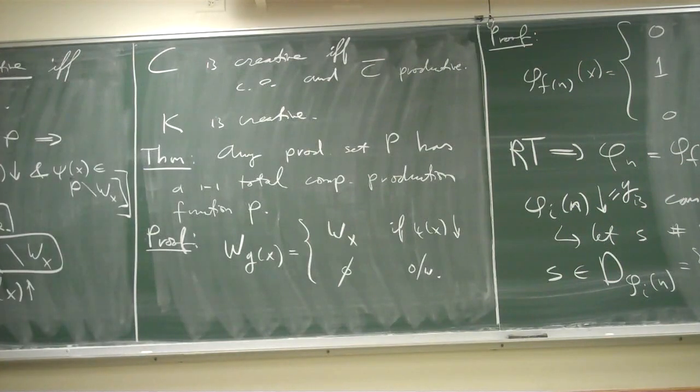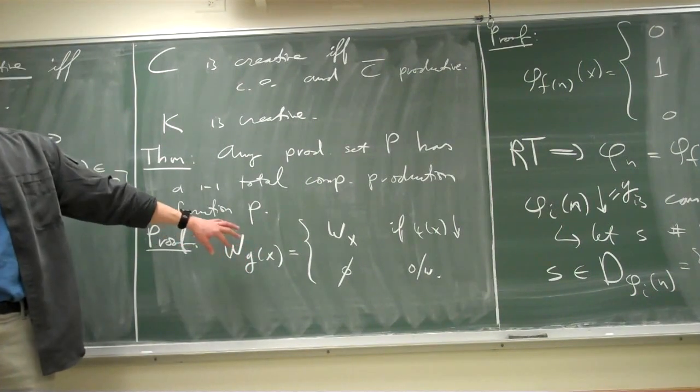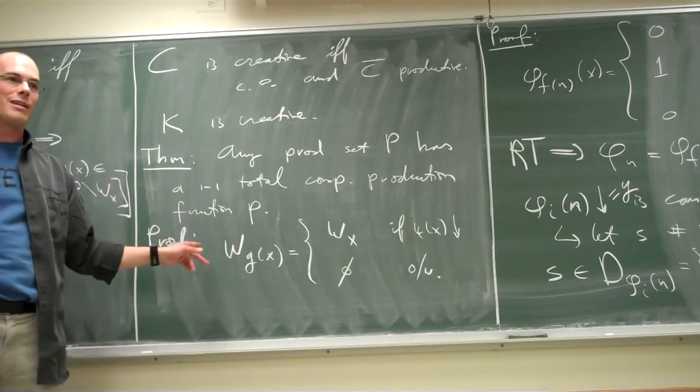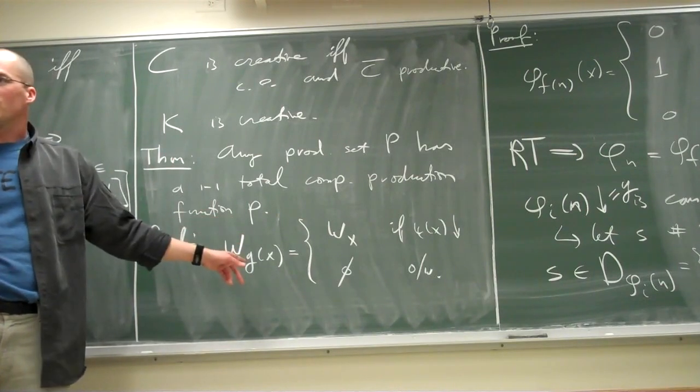And you look at this definition and you need to take a second to convince yourself that what I wrote here makes sense, right? G of x is supposed to be the index of a Turing machine whose domain is W of g of x.